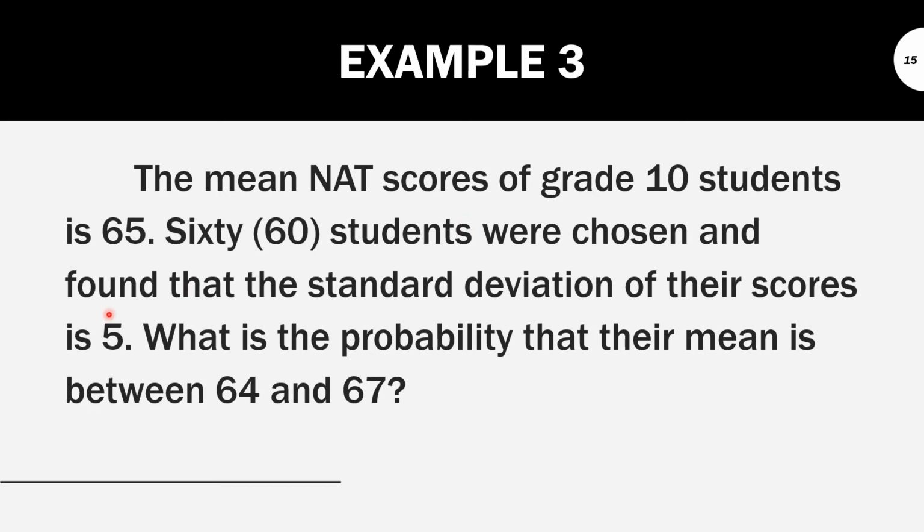So this will be the sample standard deviation since it is taken from the sample of 60. The question here is, what is the probability that their mean is between 64 and 67? So we have here two values for x, and this will be the boundaries of the area.